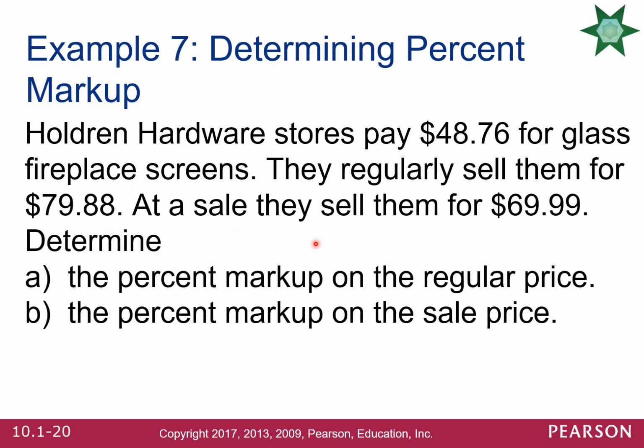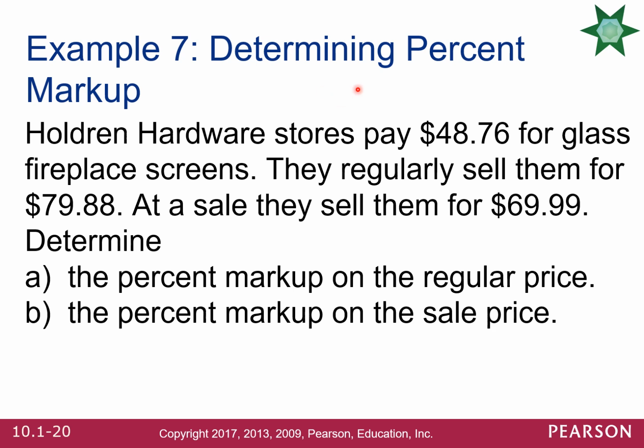At a sale, they sell them for $69.99. So the question we need to answer is, determine the percent markup on the regular price, and then part B is to determine the percent markup on the sale price. So let's just stay here a little bit and try to understand the problem.